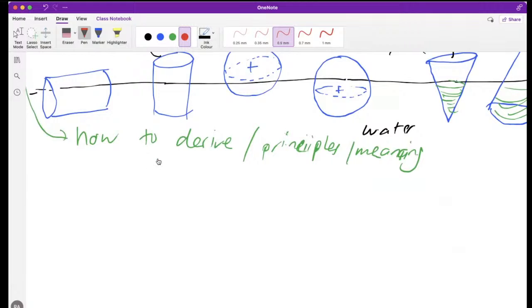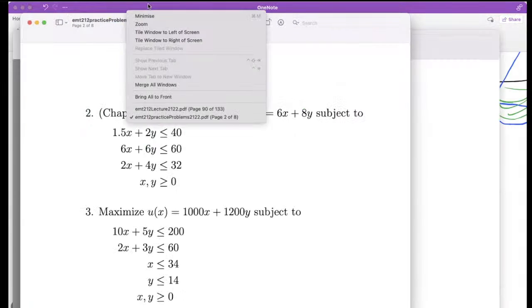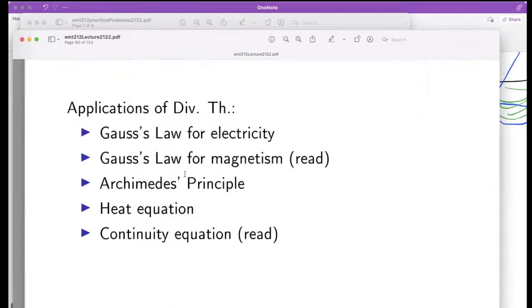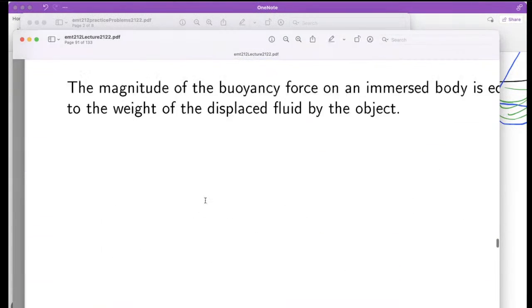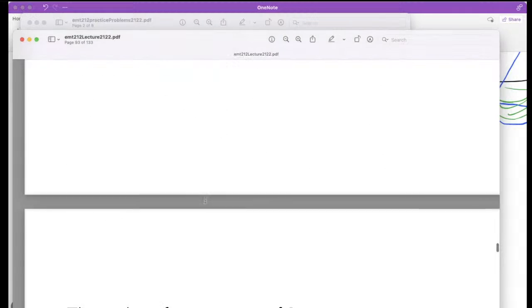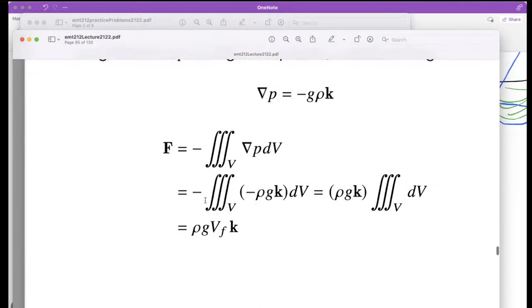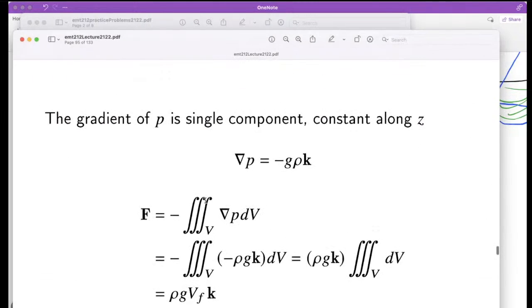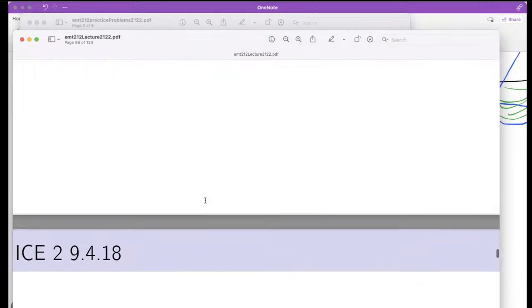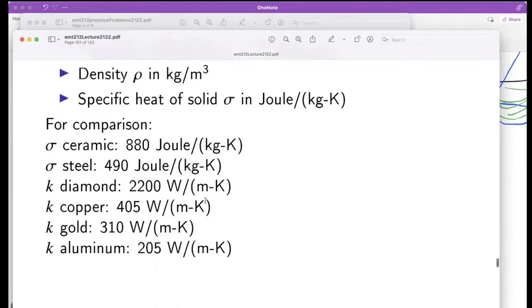What else? I'm switching to my slides just to see whether I missed something. These are all the derivations.